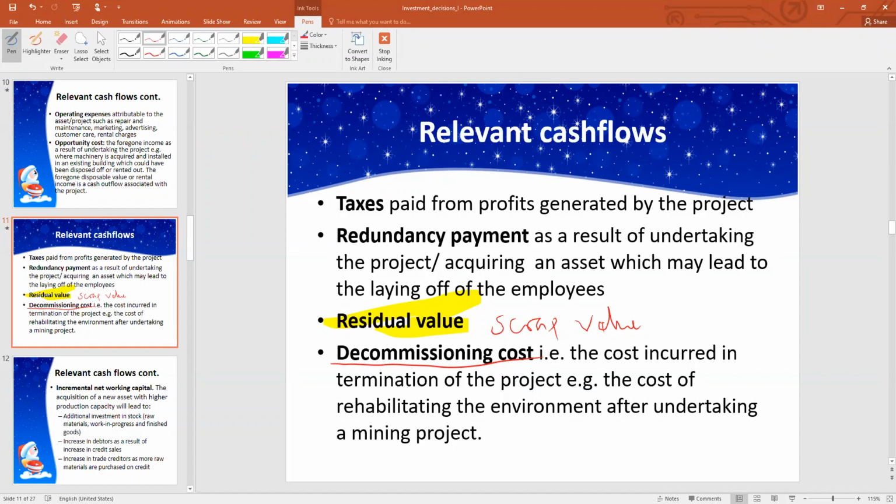The cost you will be incurring as a company to repair the damage you have made to the environment is what we call the cost of decommissioning. You're paying for it because you chose to invest, therefore it counts as part of the relevant cash outflow in the year when you pay for it.